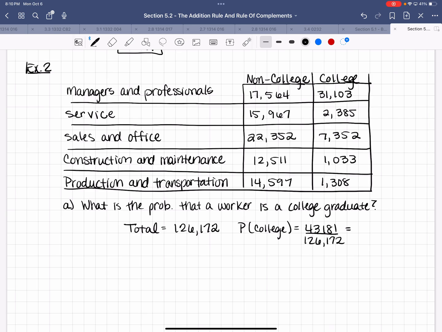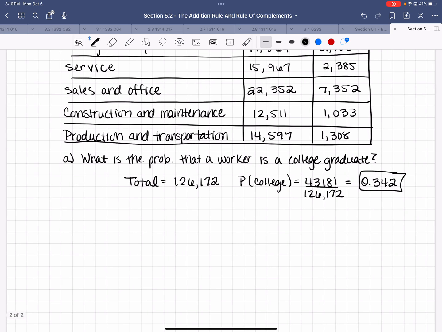And are we getting 0.3422? Or 0.342? So about 34% of the people that they surveyed, polled, had college degrees. They were college graduates. Okay?